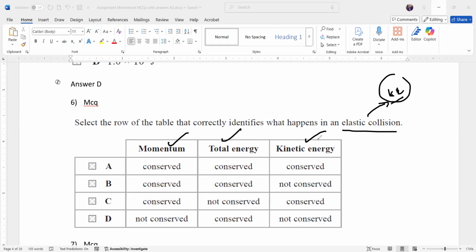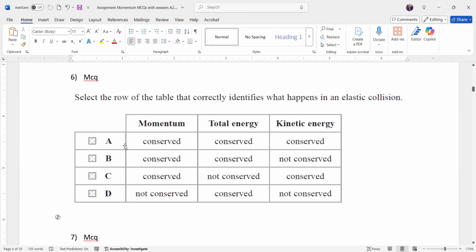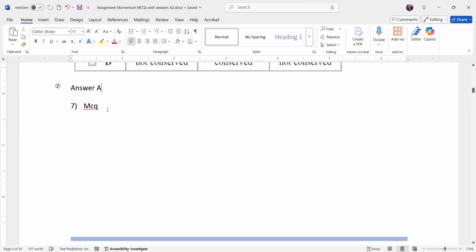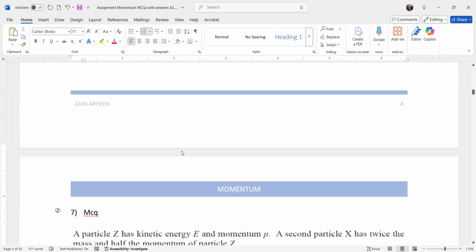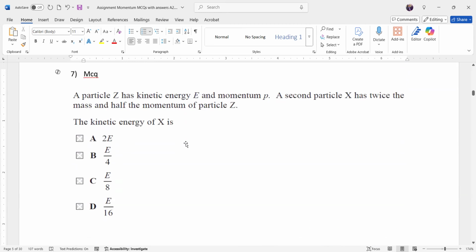If we have an inelastic collision, then the kinetic energy will not be conserved. So the correct answer for this one is A. Next question.